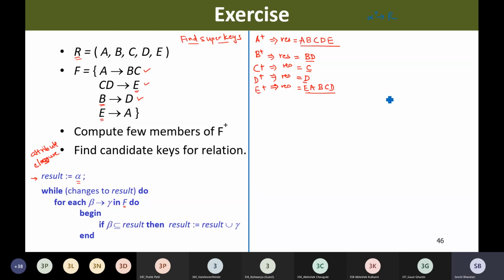Here we have computed the attribute closures individually for every attribute, and what we find is A plus determines all the attributes of R. Similarly, E plus also determines all the attributes of R. Do you agree with me?